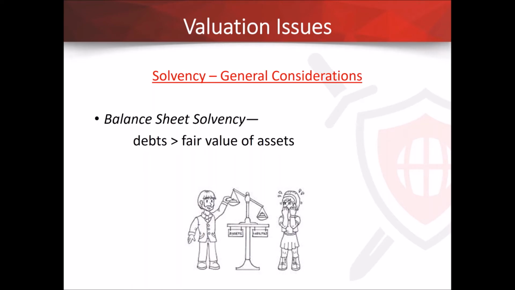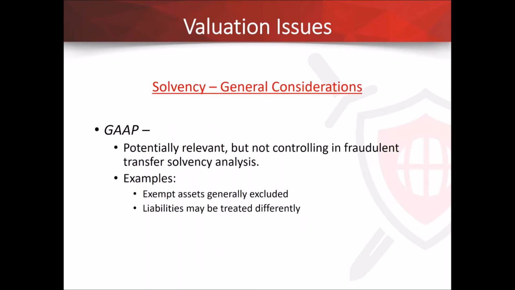But when we're looking at these issues, you're going to see that there's some distinctions from accounting, and specifically with respect to GAAP. The courts have noted that GAAP is not controlling. It might be relevant, but there's several areas where the law veers from GAAP analysis.